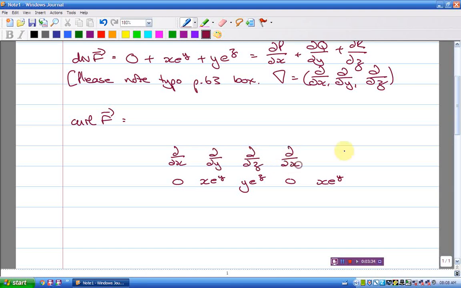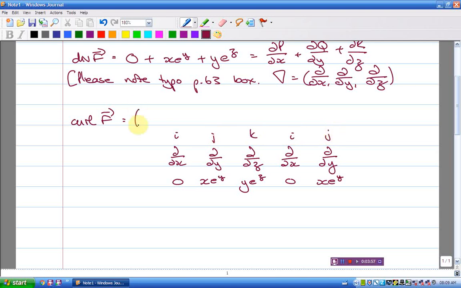Those are operators. They have no existence on their own. They only exist in their action on other things. So it's d by dx of something, d by dy of something. So strictly speaking, this is not a cross product. It's a cross operation, I suppose.